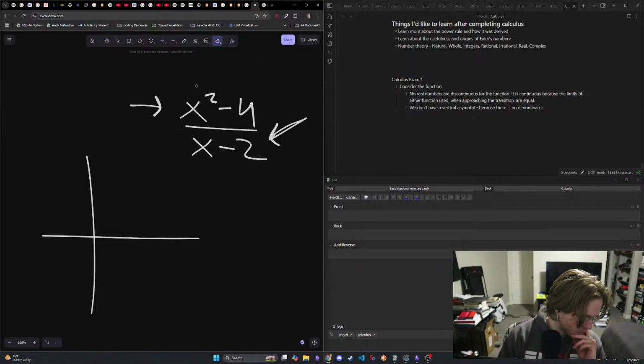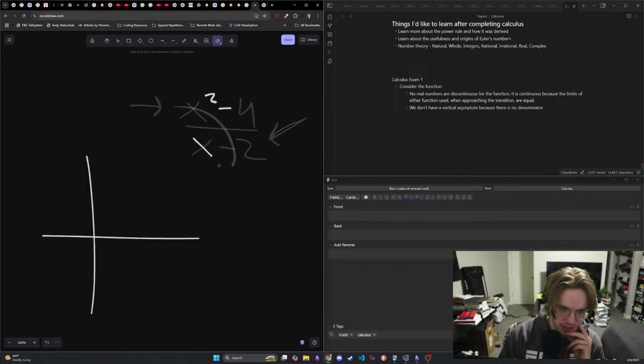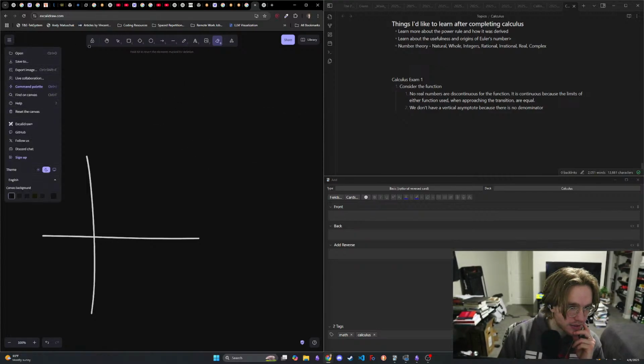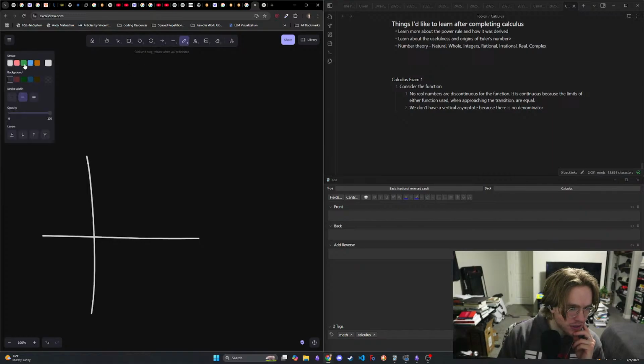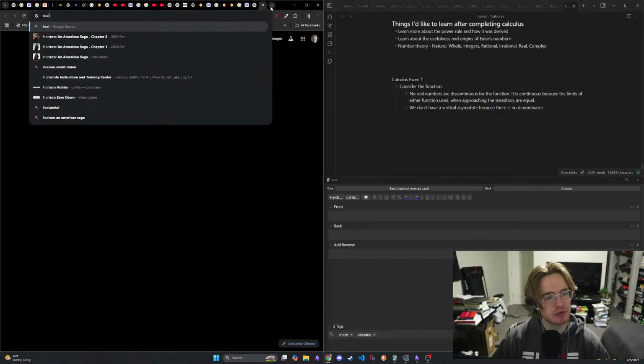Okay, so I wanted to figure out if I could determine what it would look like for a horizontal asymptote. So I'm not sure. Well, let's look at an example.